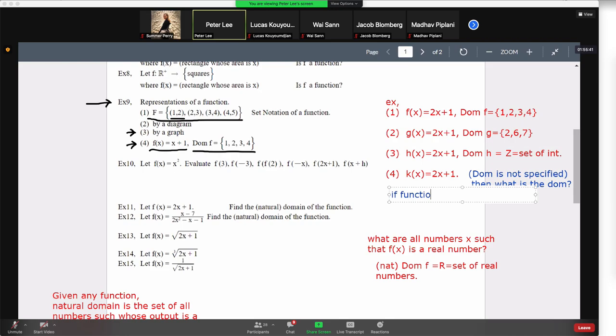If the function does not specify the domain, then we assume the natural domain. So what is a natural domain? Natural domain is the largest possible domain.